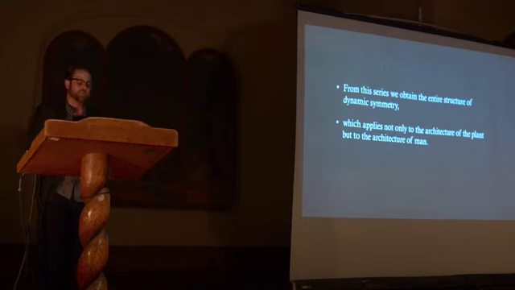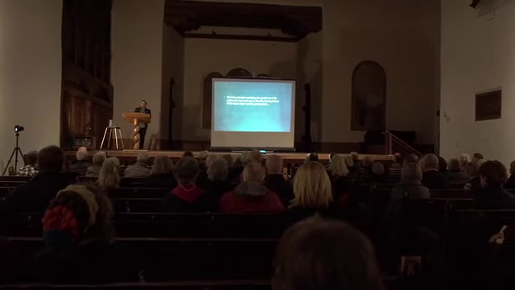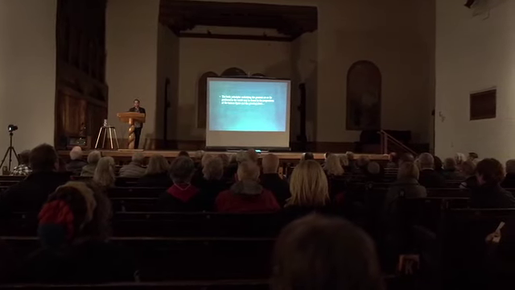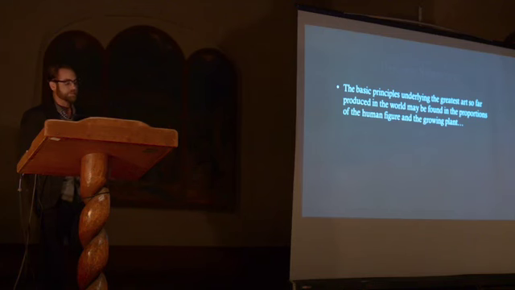From this series, we can obtain the entire structure of dynamic symmetry, which applies not only to the architecture of the plant, but to the architecture of man, both his physical being and the things that he makes. The basic principles underlying the greatest art so far produced in the world may be found in the proportions of the human figure and the growing plant.